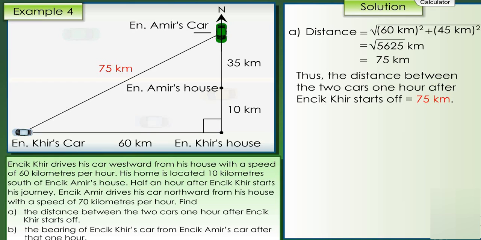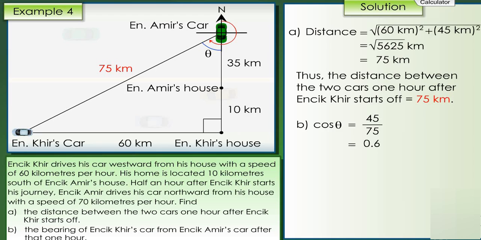After that 1 hour, this is the bearing of Eunchik Khair's car from Eunchik Amir's car. To find this bearing, we need to find the size of this angle first. Let the angle be theta. We can use any of the trigonometric functions to find the value of theta, since we already know the length of each side of the triangle. Let's use the cosine function. So, cosine theta is equal to 45 over 75, which is equal to 0.6.